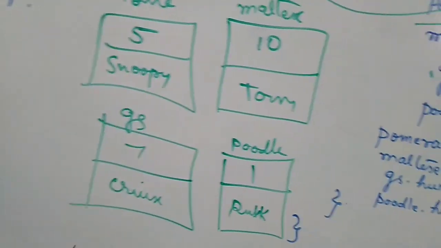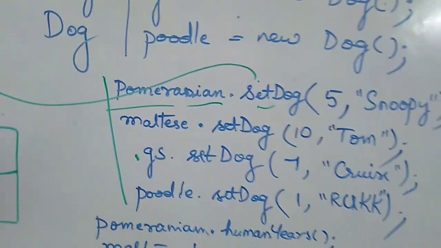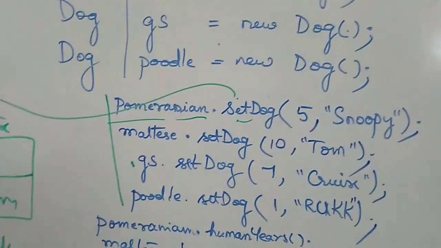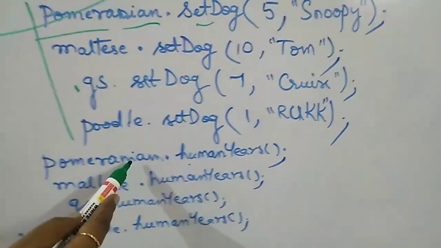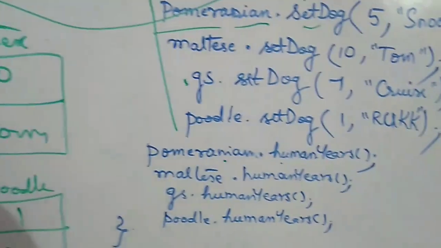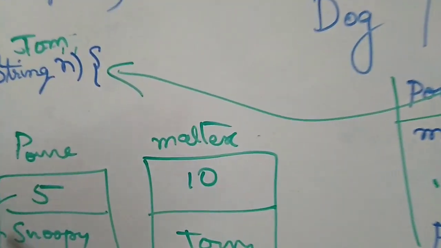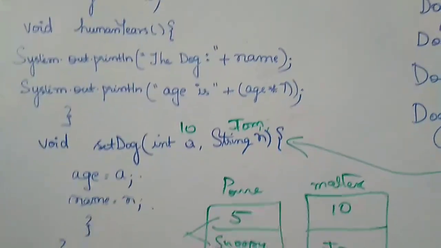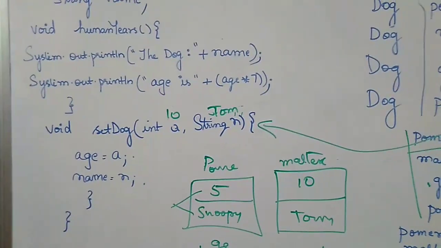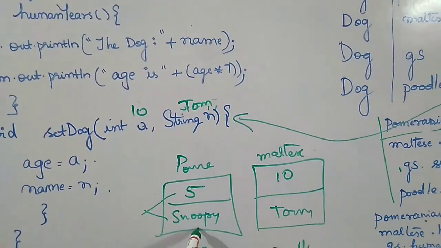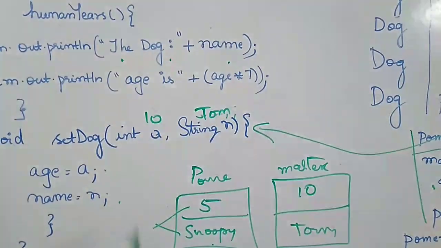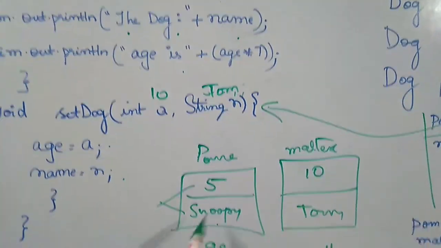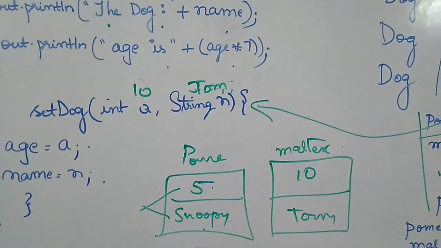All this will happen in these 4 steps. Now we are calling the humanYears method on Pomeranian. It will take these 2 values and print them on the screen. So the output will be: the dog Snoopy age is 5 into 7, which is 35.